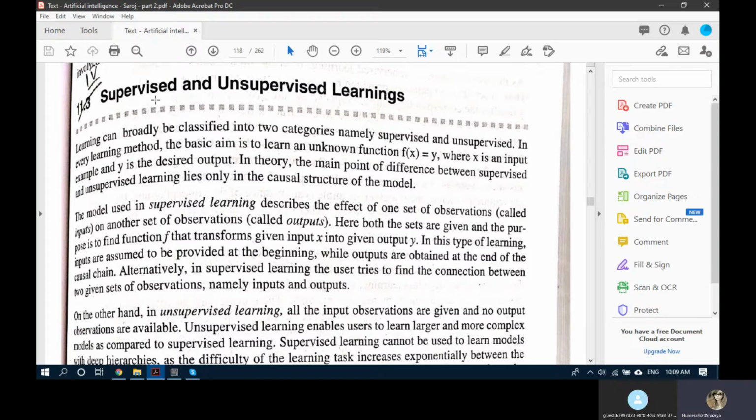If both are the same, that implies that the machine learning algorithm has worked properly and the generated output is the same as the actual output.